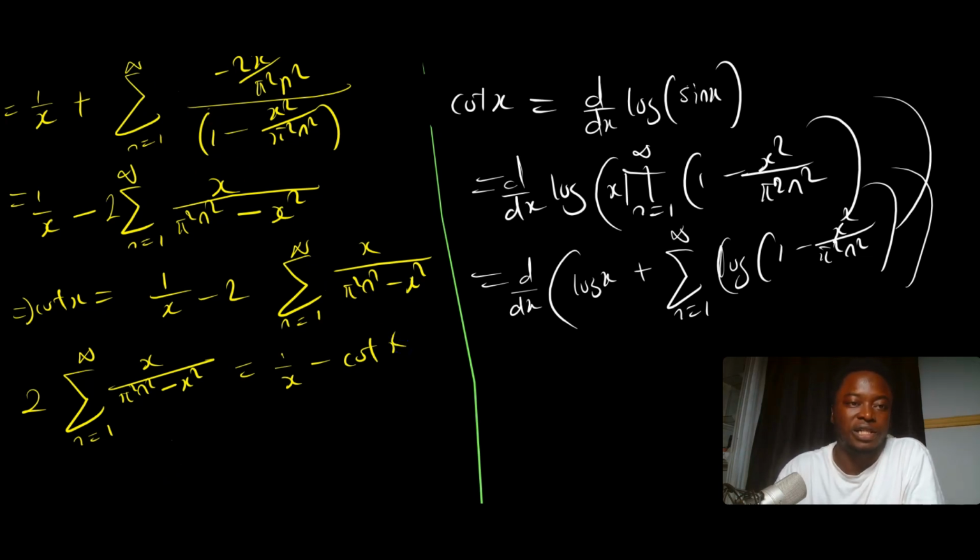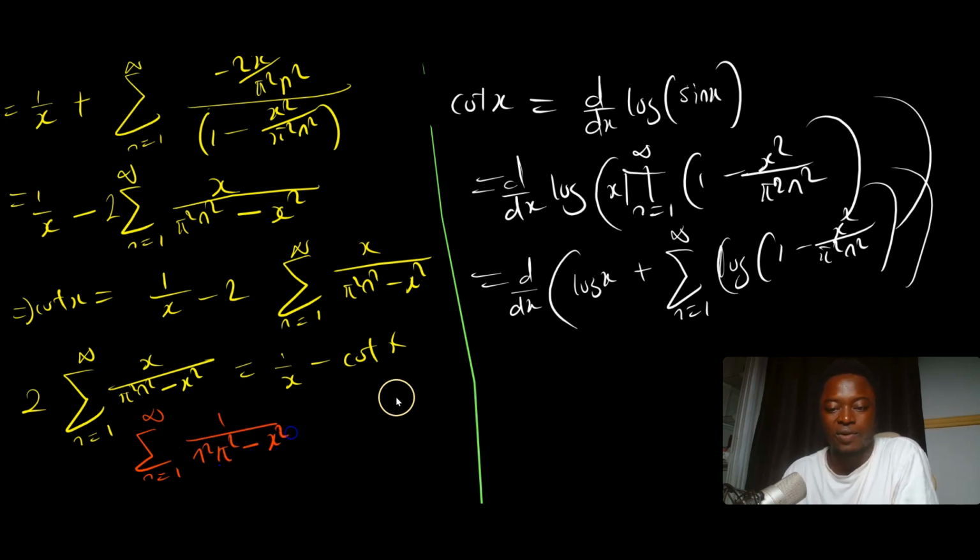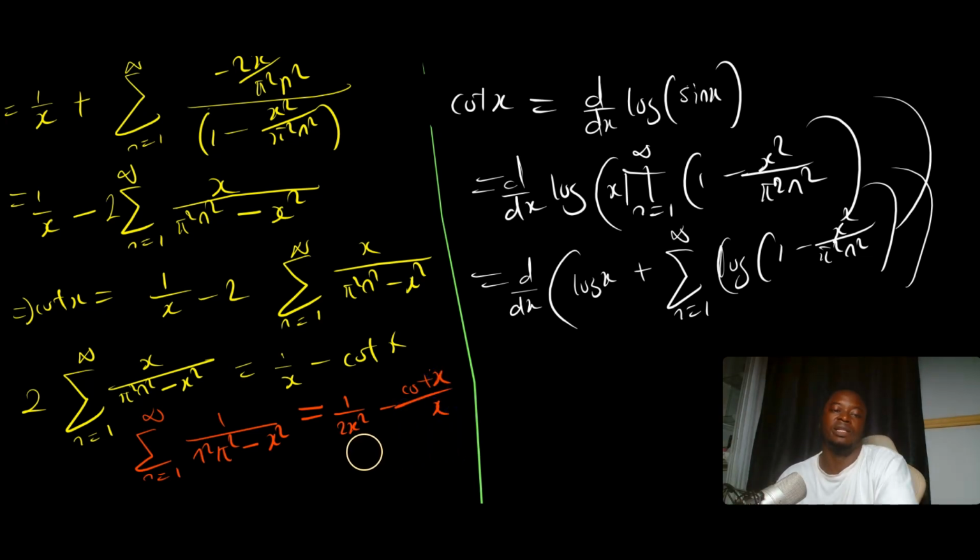So essentially the sum as n runs from 1 to infinity of 1 over n squared pi squared minus x squared is going to equal 1 over 2x squared minus cotangent of x divided by 2x. So this is the useful way to write it.